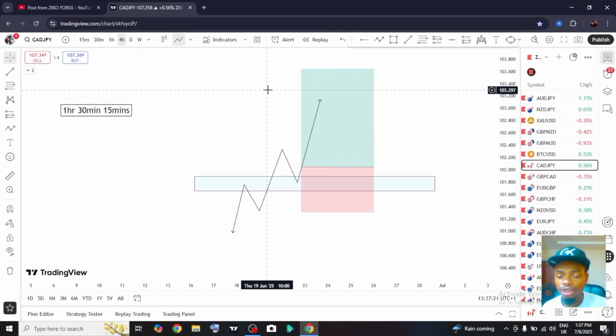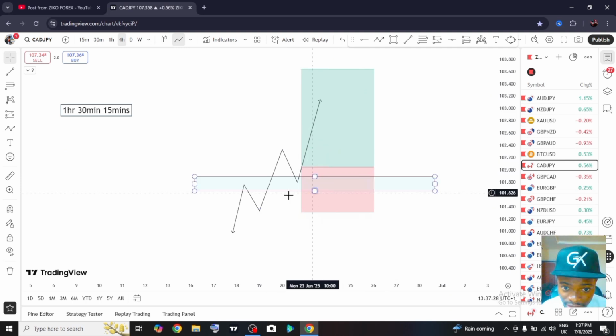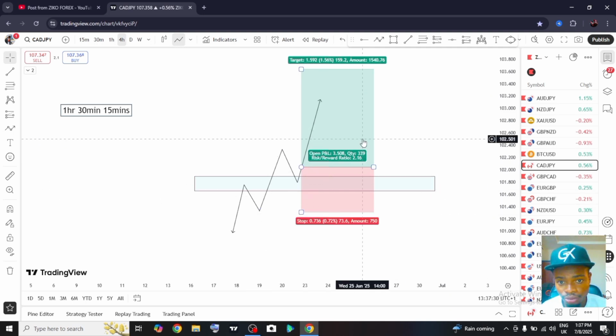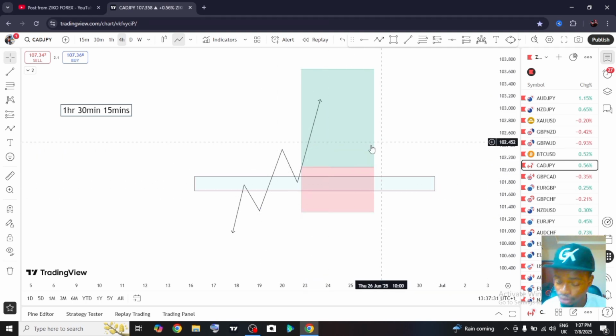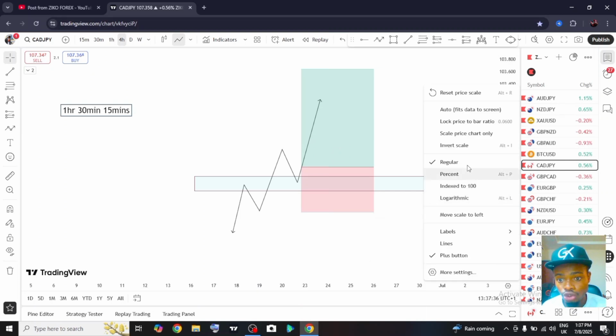This is how everybody trades, especially us that trade a set and forget strategy. This is how we trade. So this is just an ideal trade setup. This is how an ideal trade setup looks.